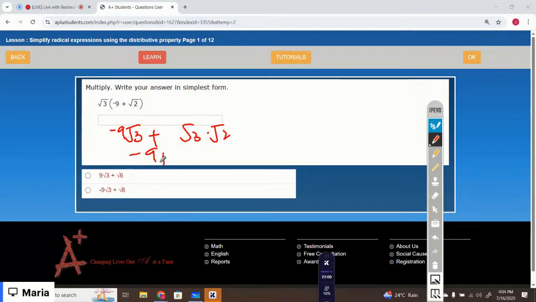That is negative 9 square root 3 plus square root 3 times 2. Negative 9 square root 3 plus square root 6. So option number 2 is the correct option.